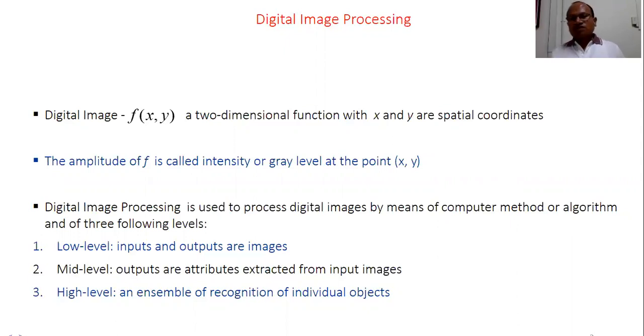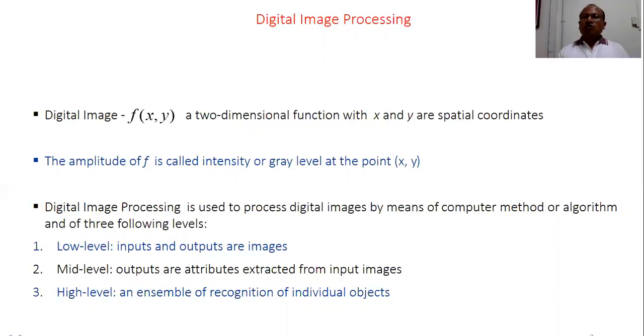So digital image processing is used to process digital images by using computer methods or algorithms. A computer method or algorithm represents the mathematical operation, the mathematical function which we want to apply over the digital image. The digital image will be processed for certain purposes.